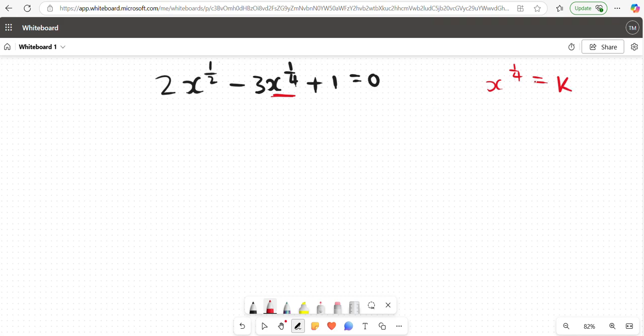And if I square both sides of this equation, a quarter squared would just give me a half. And k squared gives me this guy. So this guy looks like the first term there, right? So I'm going to substitute k squared for that guy. I have my minus k there, and my positive 1 is equal to 0.